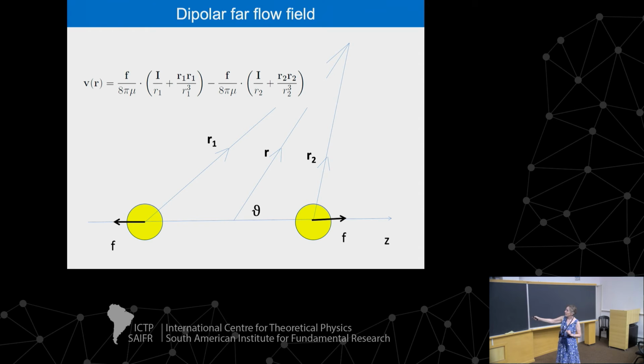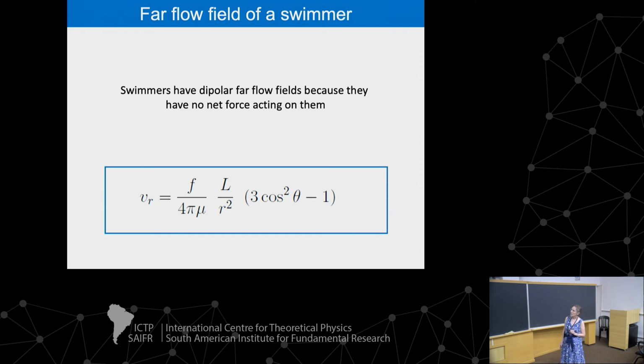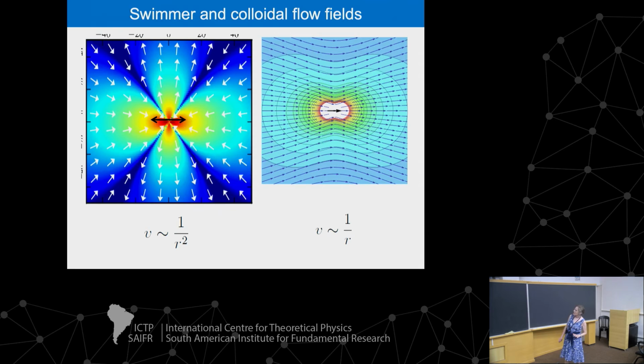Add up the effect of two forces which are really quite close to each other a long way away. Let's see what comes out. And the answer is that what comes out is a flow field which looks like this, which means absolutely nothing, I think, with that formula, but let's look at the picture, okay? It's a flow field which looks like this.